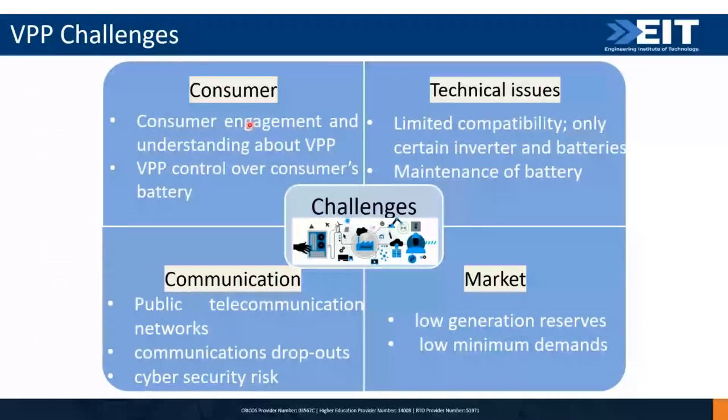The consumer aspect: the VPP operation heavily relies on the power produced by its assets, so the engagement of the assets and their understanding about the VPP and their role in the VPP is very critical. For example, you saw in the previous slide in the Australia model that the assets are in fact the solar panels and the batteries installed at houses.